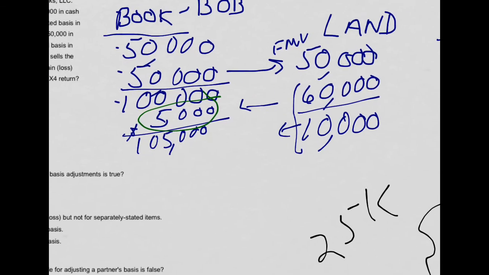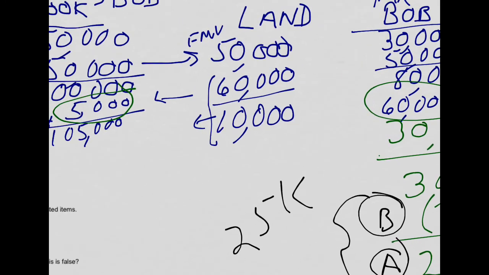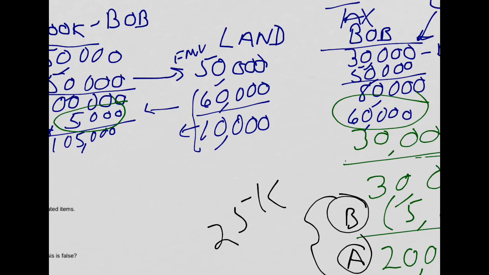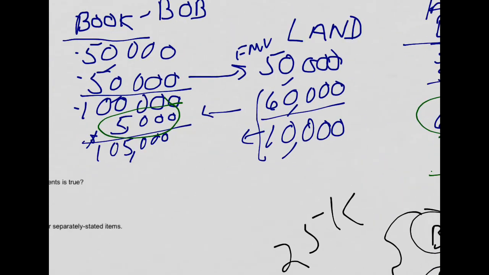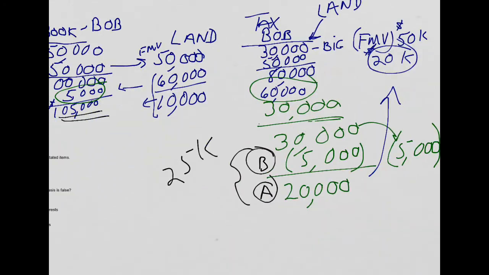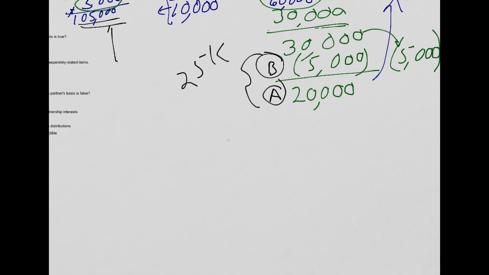Might have to see how the book capital works to the tax capital. And to prove it out, if you needed to, you would have found that by allocating the gain this way, Bob's capital account would have agreed with this number here. Let's prove it. The capital account we're trying to prove to is here.